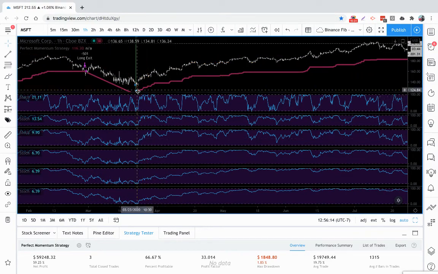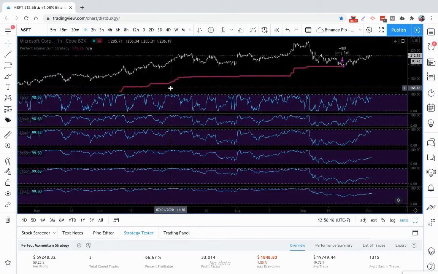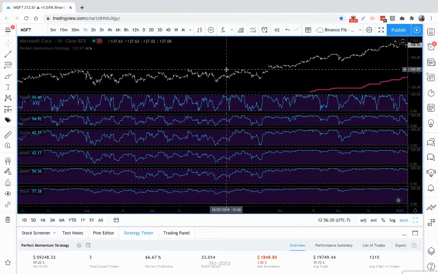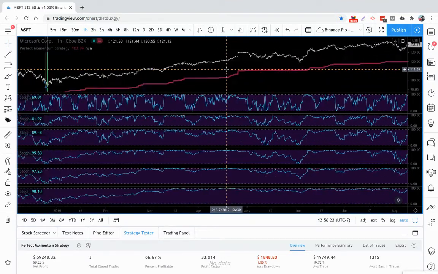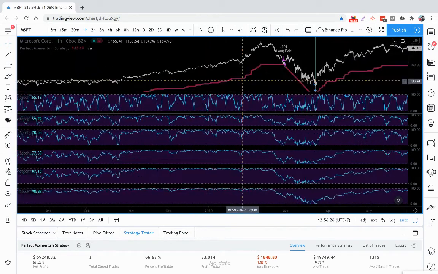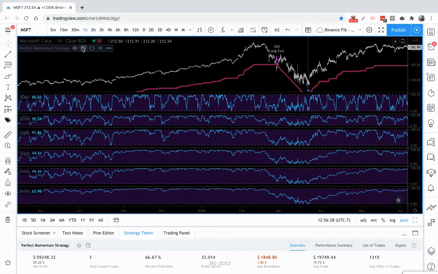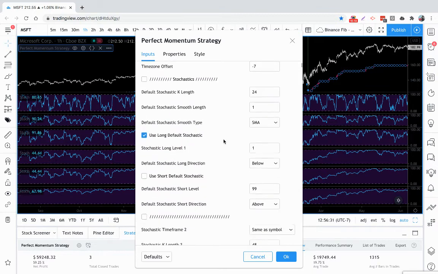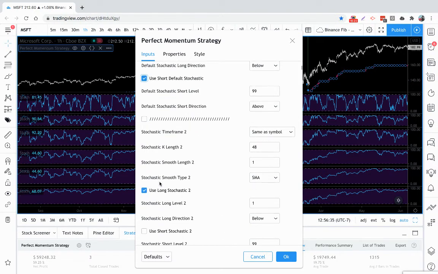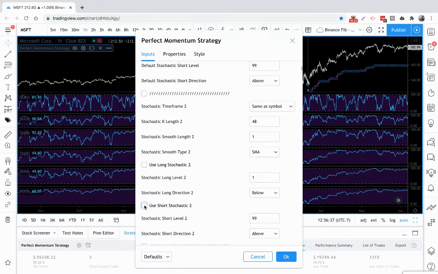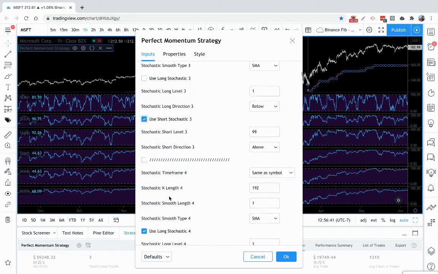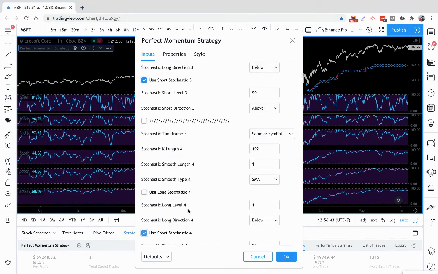Okay, and you can see that we entered here, we trailed price, and we actually exited over here. Same thing over here, entered here, trailed price, exit over here. And then you can do the same thing for shorts. So if you wanted to enter when all of them were above an extreme level, you can use the short stochastic, all above 99 on all stochastics.